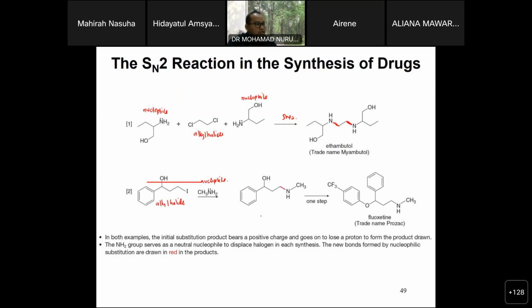So it's a one-step reaction. They will get another product by doing some modifications. If we add these functional groups, you can get a final product. This is one of the first reactions that we learned during our studies.